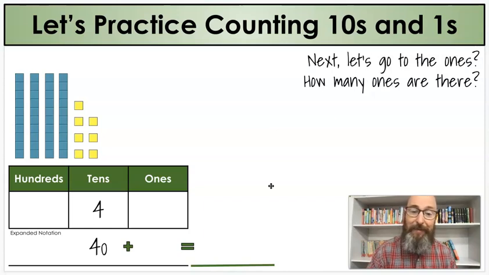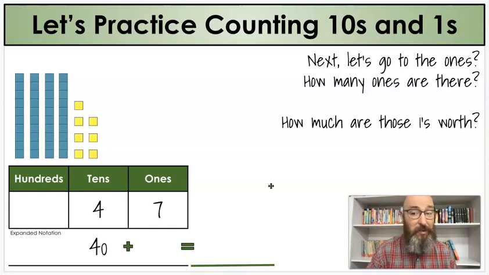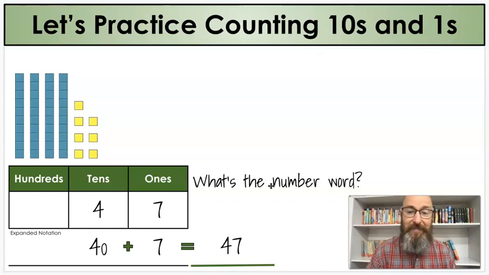Next, let's go to the ones. How many ones are there? 7. And how much are those ones worth? 7's correct. If I put those together, what do I get? 47. What's the number word?